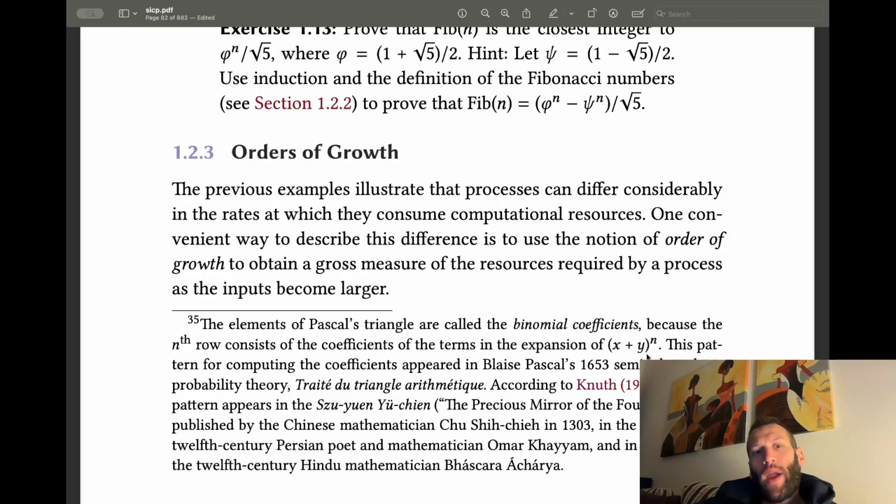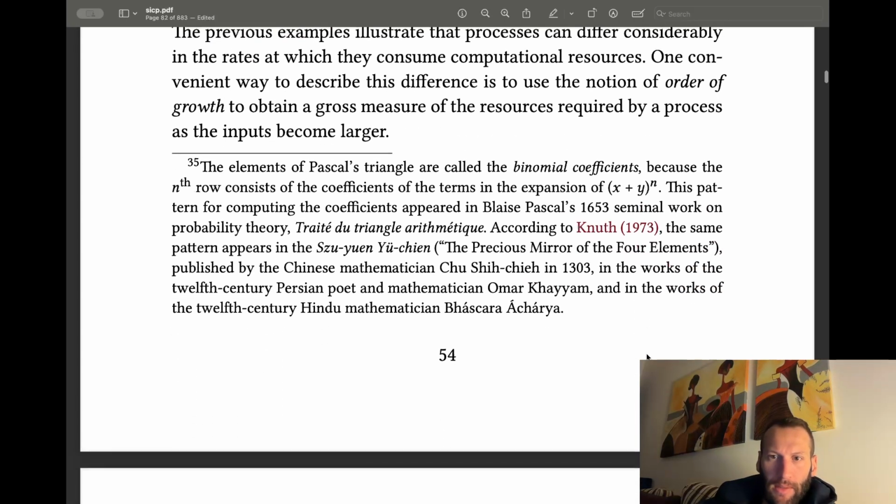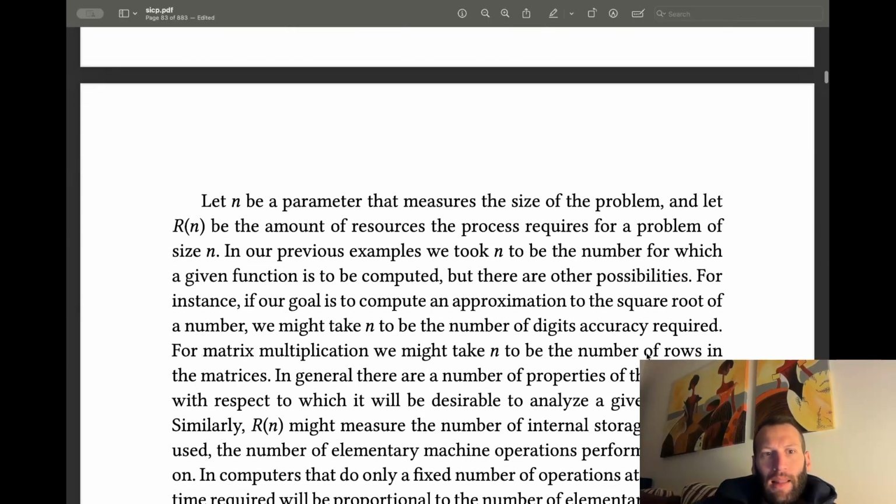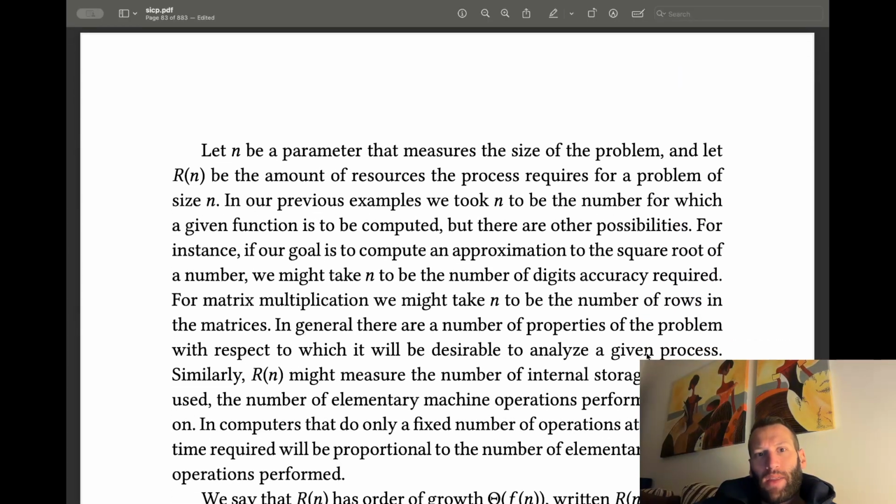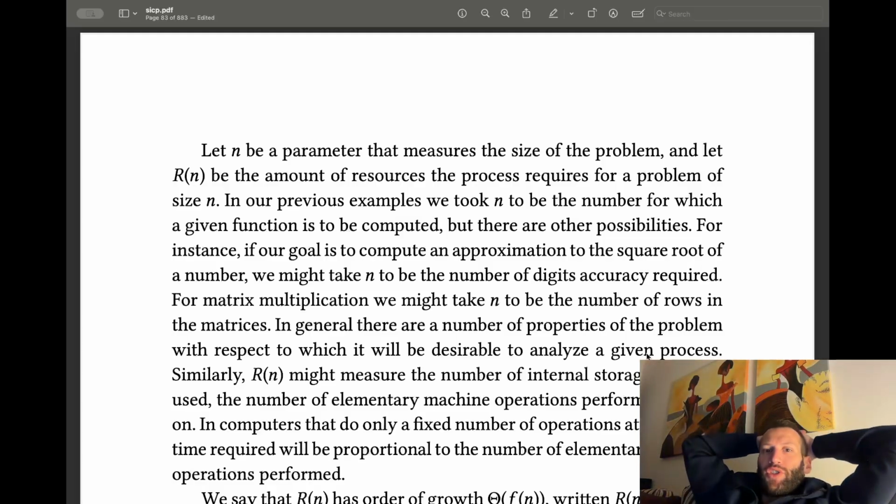One convenient way to describe this difference is to use the notion of order of growth to obtain a gross measure of the resources required by a process as the inputs become larger. Let n be a parameter that measures the size of the problem, and let R(n) be the amount of resources the process requires for a problem of size n.